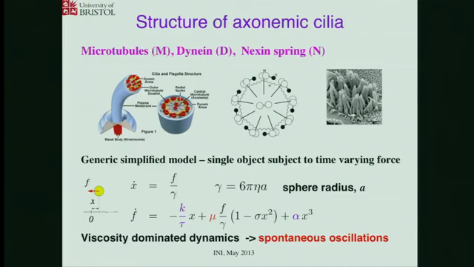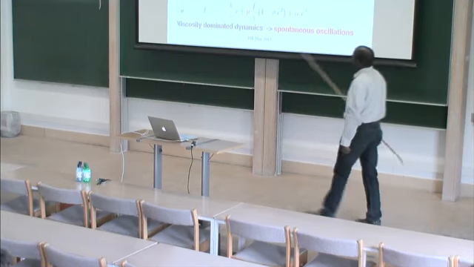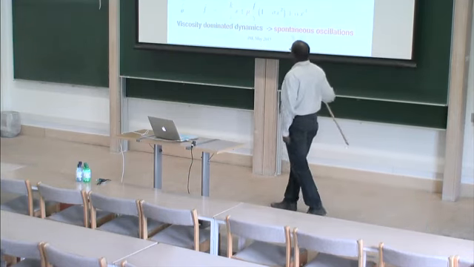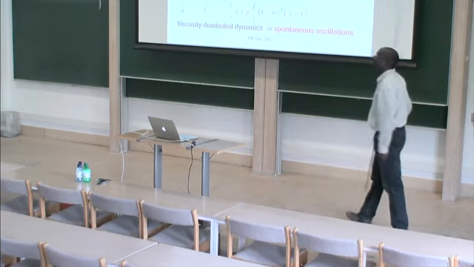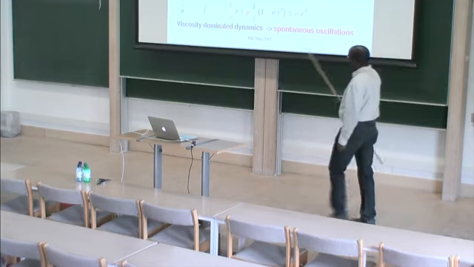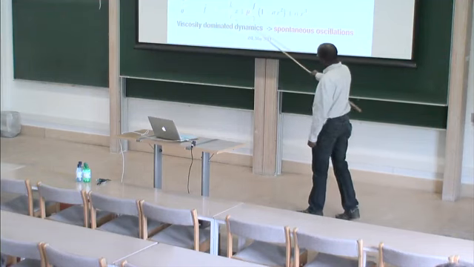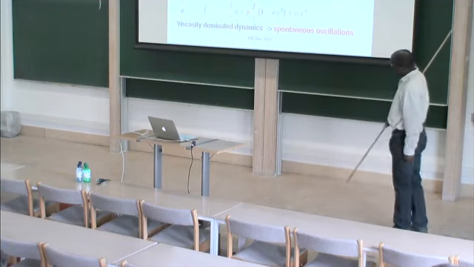We're in an overdamped limit, so we have some velocity, which is related to some force over some friction, and this force has some dynamics. We can write down a generic form for this, with linear, quadratic, and cubic terms.